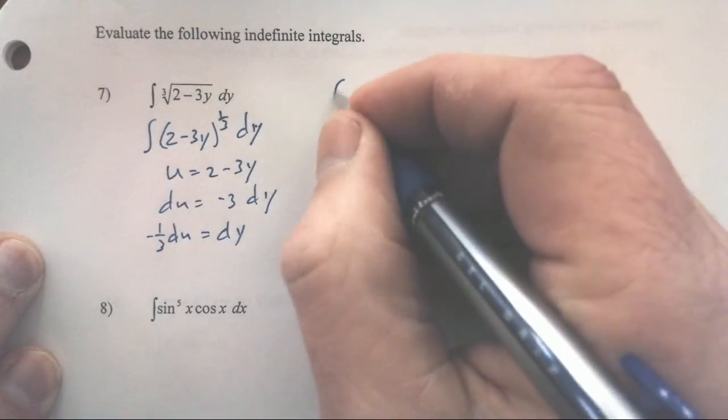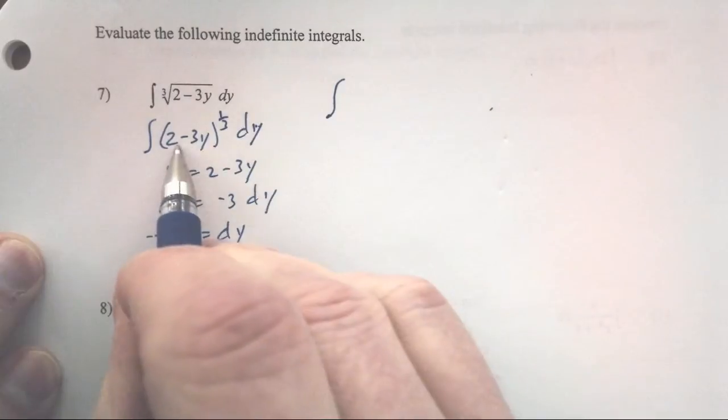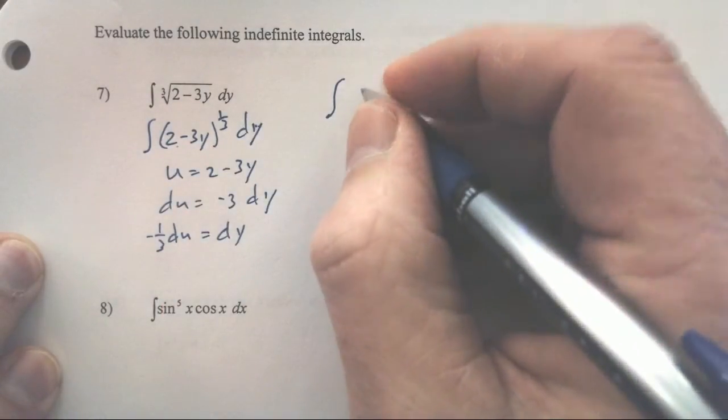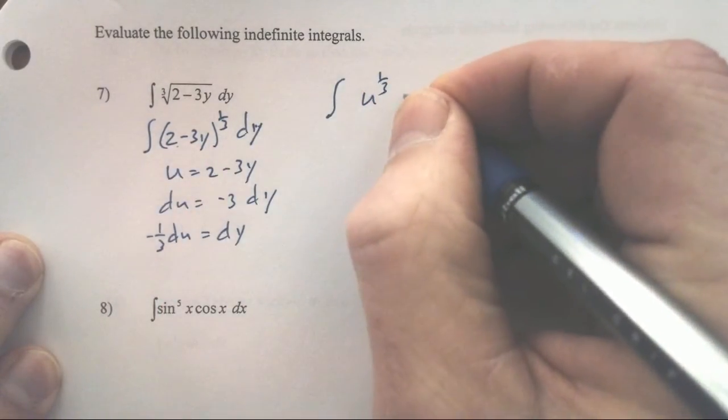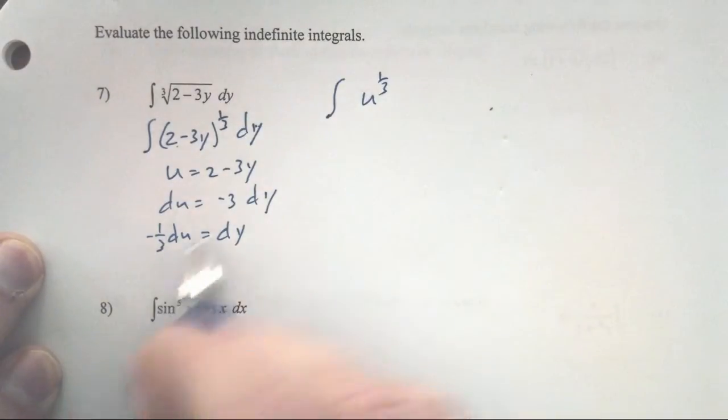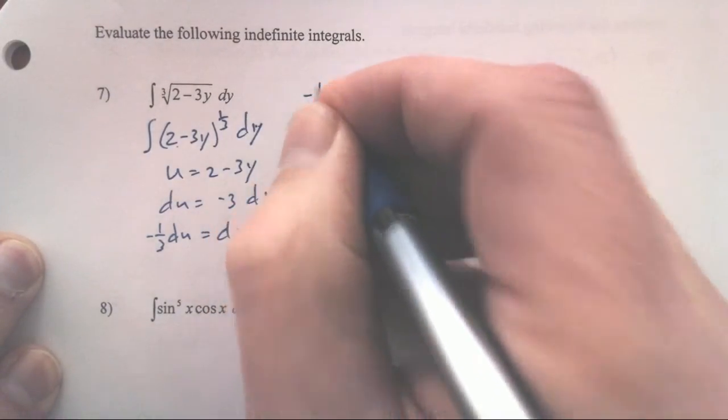So what do we have here? We have integral. In place of 2 minus 3y, I've got u to the 1/3. And if I put in a negative 1/3 du, I can pull the negative 1/3 out.